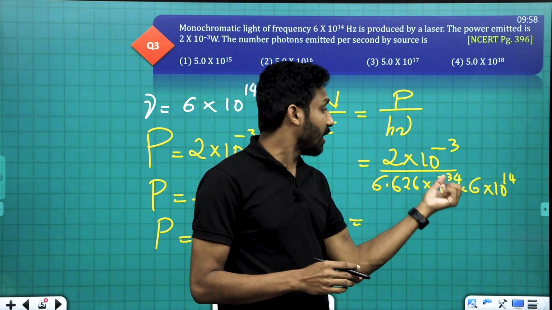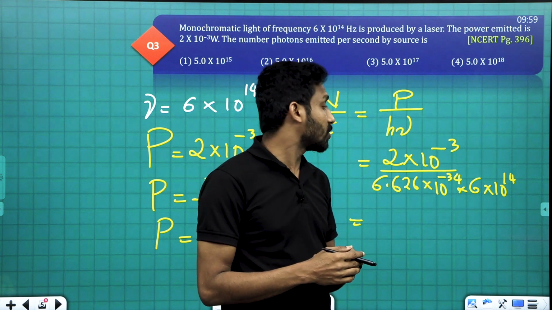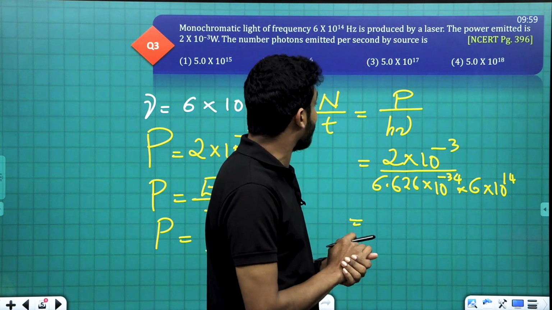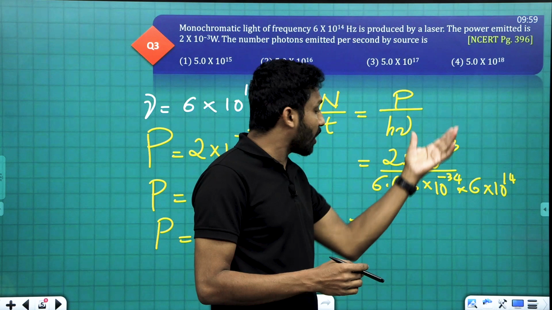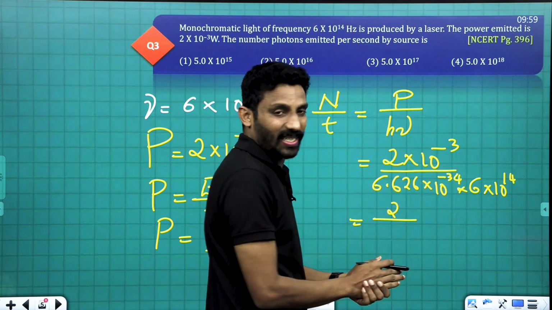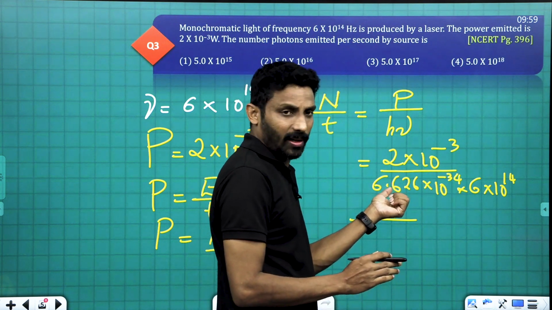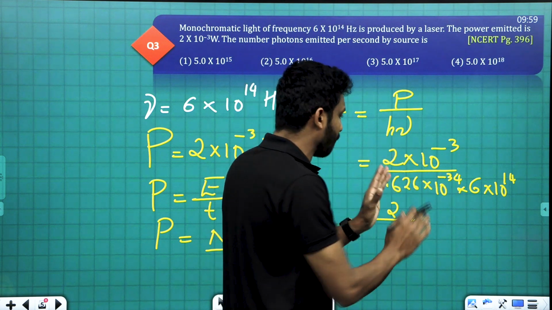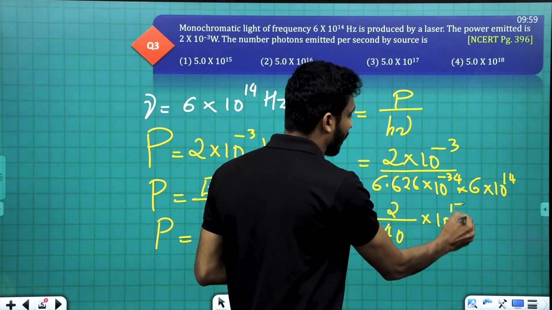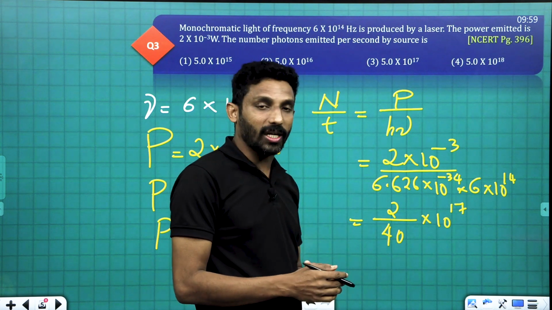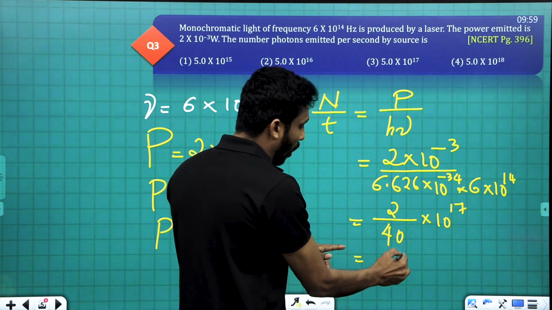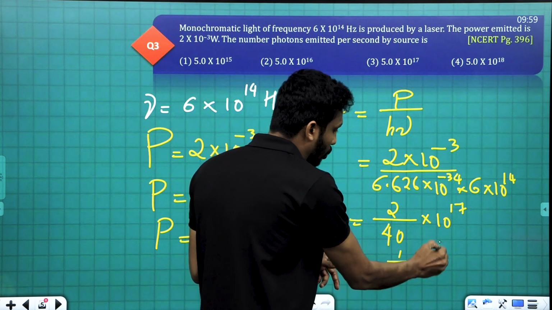Then with 10 power minus 3, that is 10 power minus 17 in the denominator, so 10 power 17 in the numerator. This is 2 divided by 6 into 6, 36, with the 0.6 there, about 40 in that range, then 10 power 17. 2 divided by 40 is 1 by 20, so 1 by 20 into 10 raised to 17.